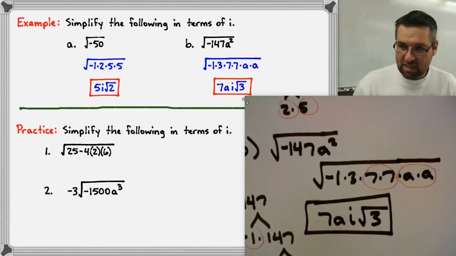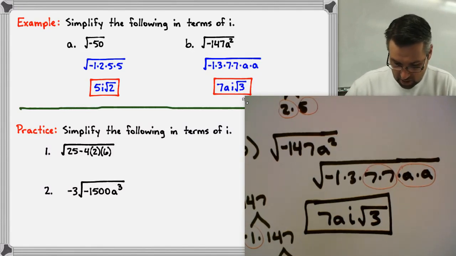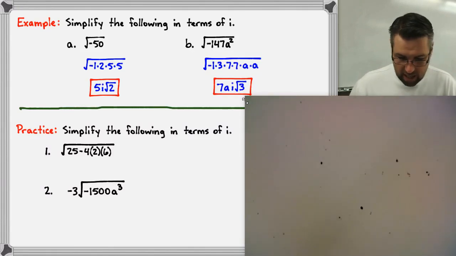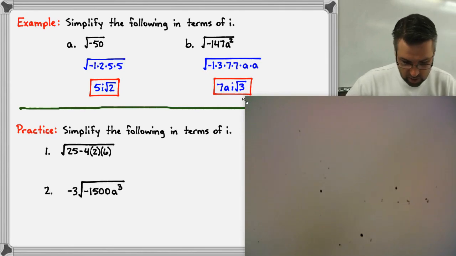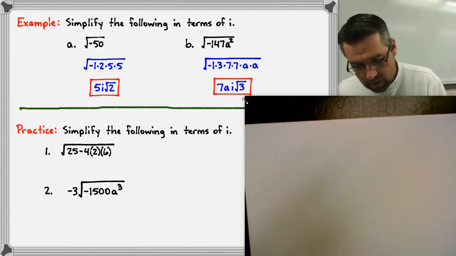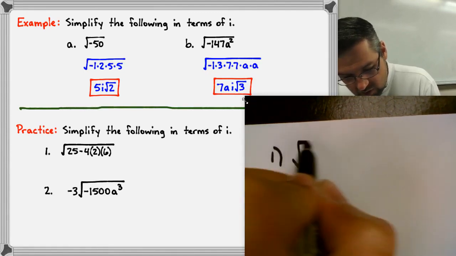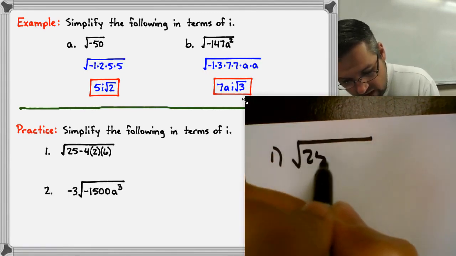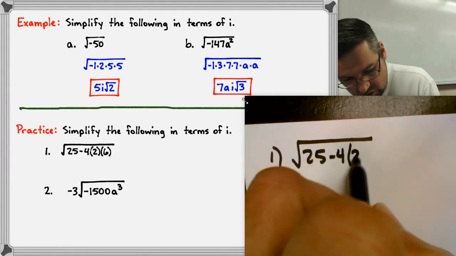The first one, you're going to want to simplify the inside first and then simplify the radical. But go ahead and do it and then push play to see how you compare to what I did. All right, for number one, we have the square root of 25 minus 4 times 2 times 6.